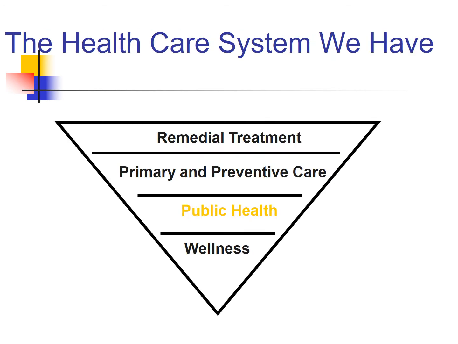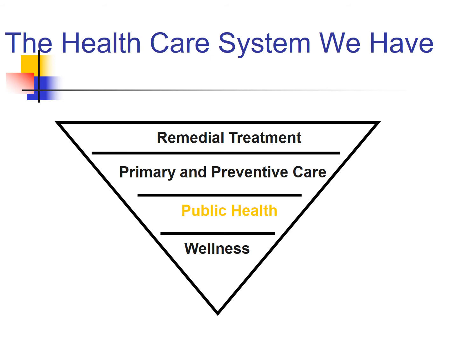This inverted triangle of the healthcare system that we have illustrates the current focus of our healthcare system. The topmost area, remedial treatment, includes secondary and tertiary care. This is where most of the resources, financial and otherwise, are expended today. Dr. Bozeman liked to use the story of a community infested by snakes or alligators from upstream. It's easier to go upstream and catch the culprits before they hatch.